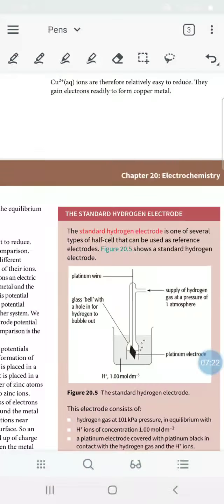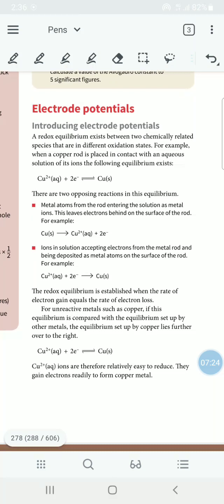Write down a note. Electrode potential. An equilibrium exists between two chemically related species that are in different oxidation states.